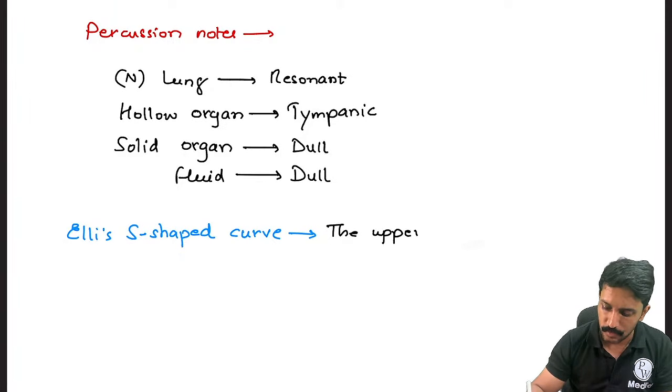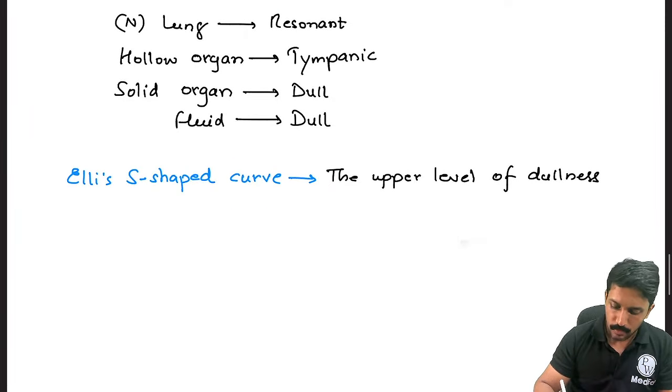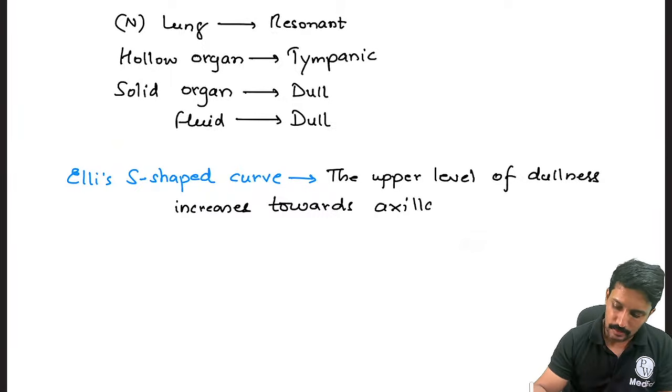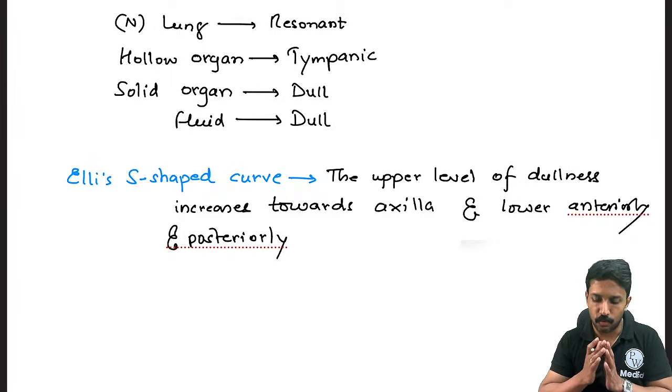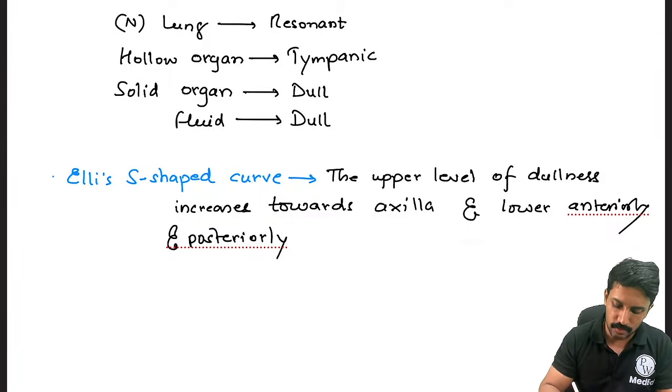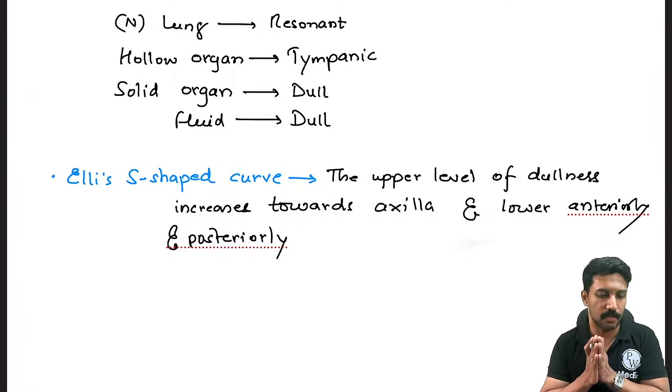The upper level of dullness increases towards the axilla and it is lower anteriorly and posteriorly, creating an inverse S-shaped curve. We are going to call it the Ellis S-shaped curve. So that is the first finding that we are going to get, which can be asked by your professors.